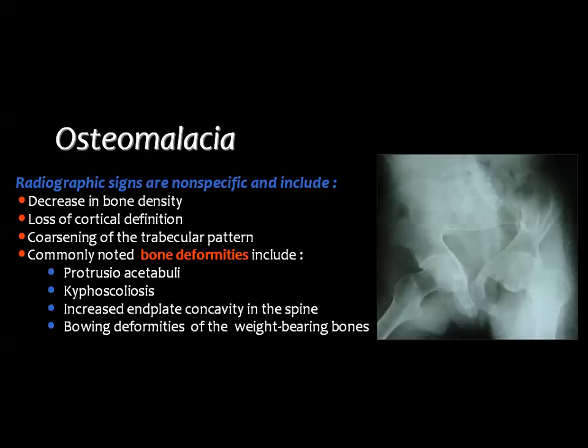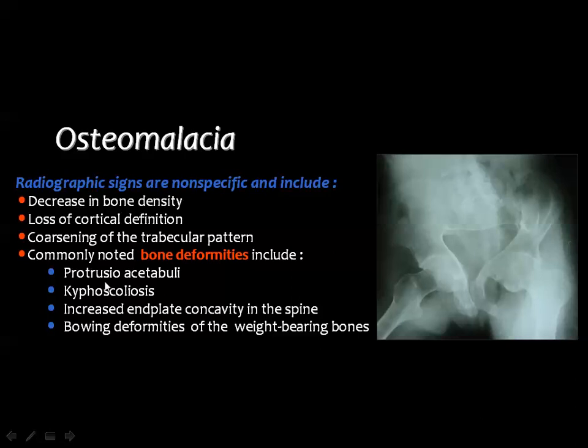By bone softening, and you see this is the pelvis, and you have marked softening of the pelvis with protrusio acetabuli on both sides. But if you look at the bone density, it may appear normal, and there are deformities because the bone is now soft.